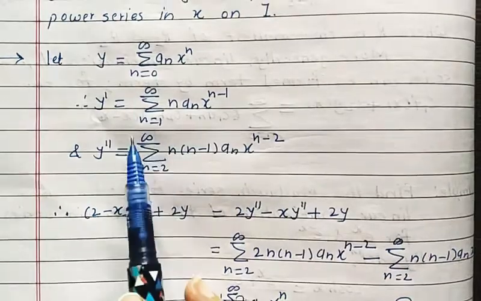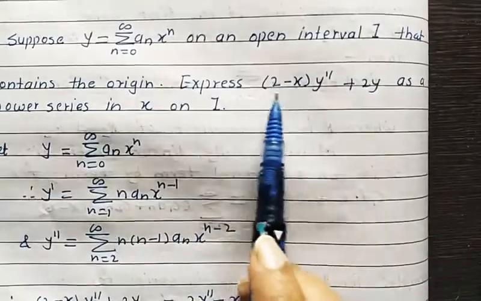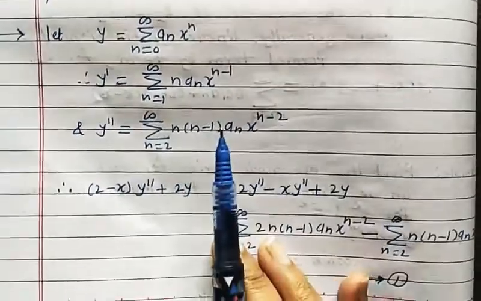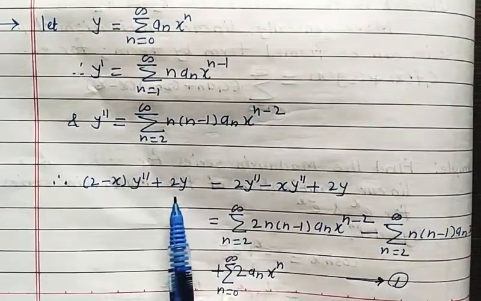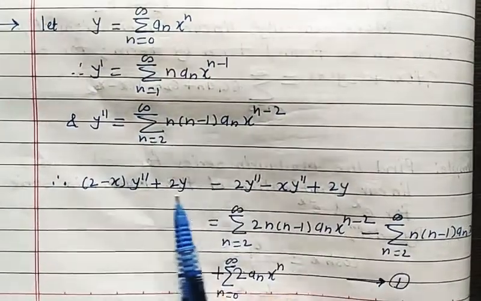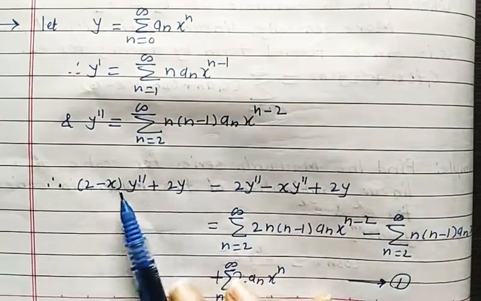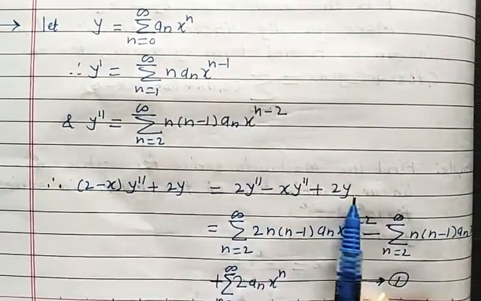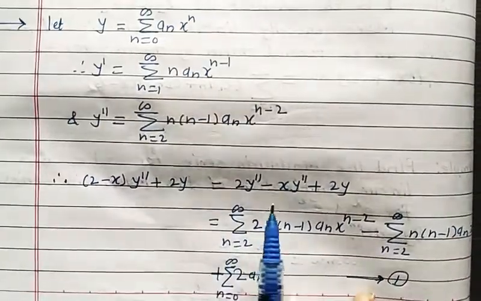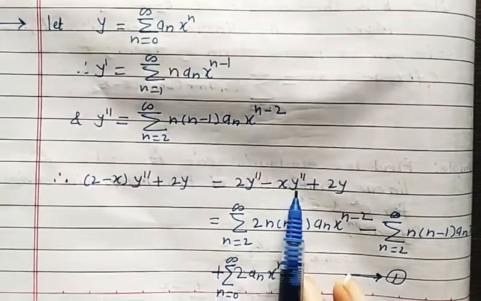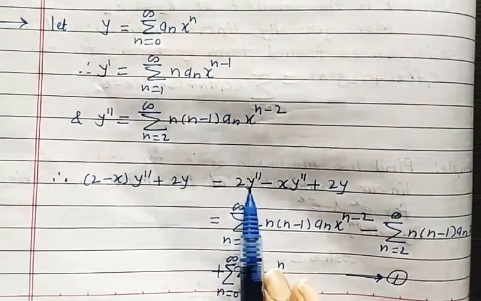Therefore now we will substitute these values in this equation. So we will write this equation. Therefore 2 minus x y double dash plus 2y is equal to, so this is 2y double dash minus x y double dash plus 2y. Okay, now let us substitute values of y double dash here. So what is y double dash?